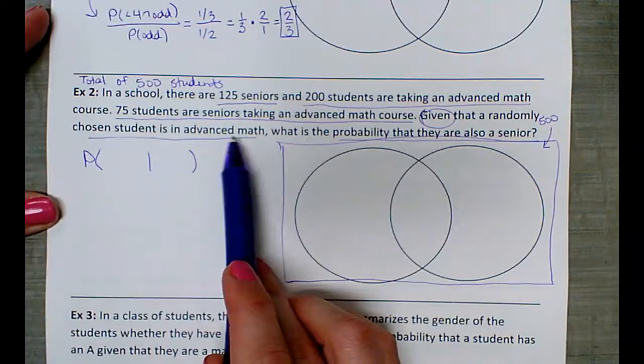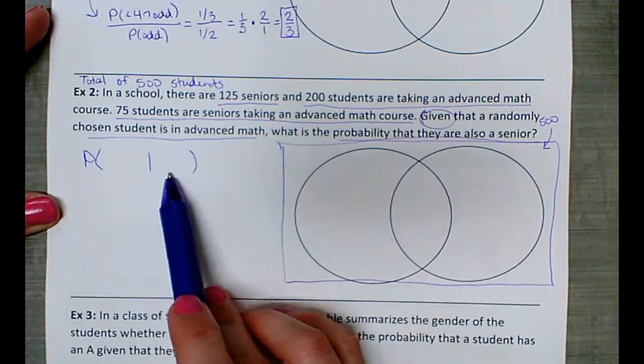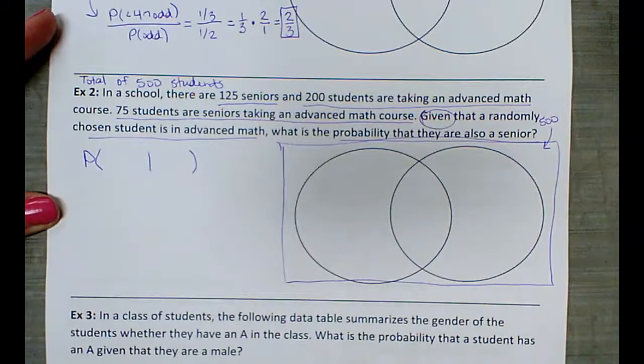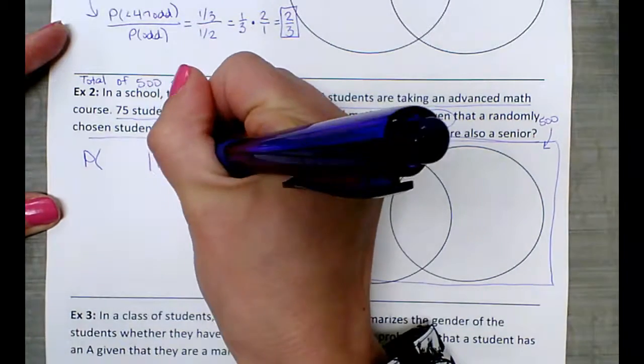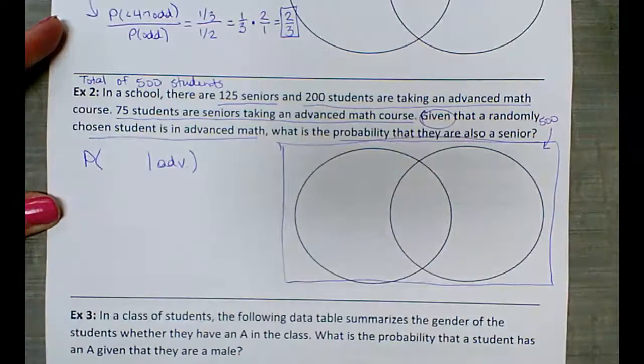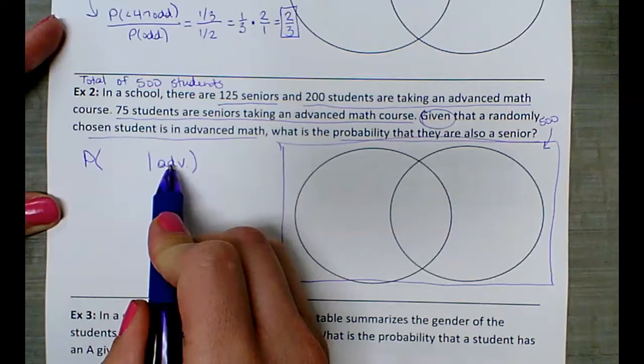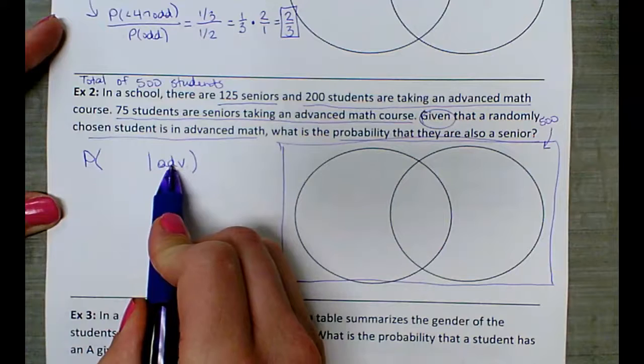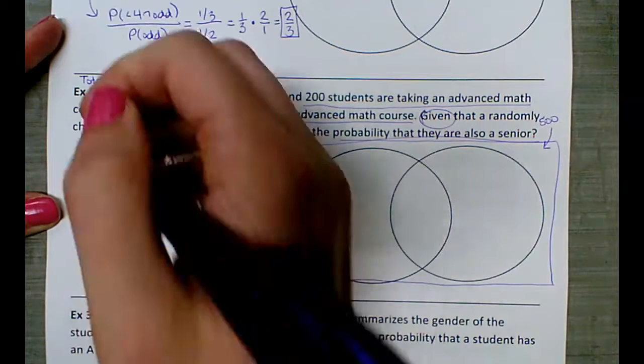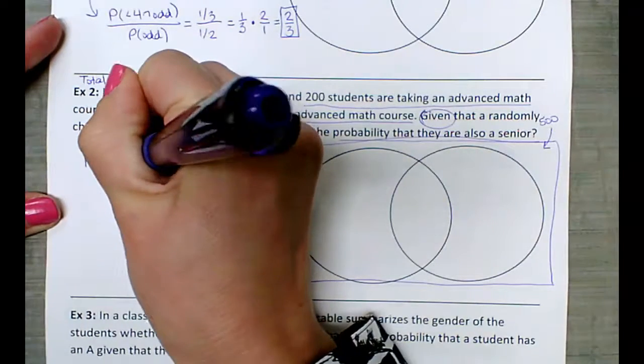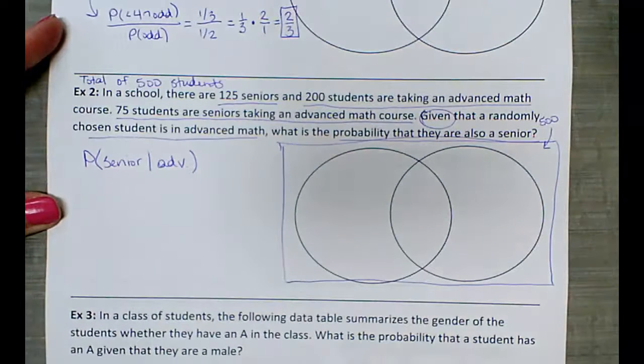That is what is given. So that belongs at the end of this conditional probability statement. And we're going to abbreviate that to ADV, advanced math. So given that the chosen student is in advanced math, what is the probability that they are also a senior? That is the unknown probability.